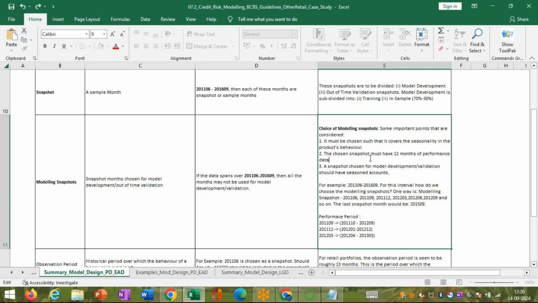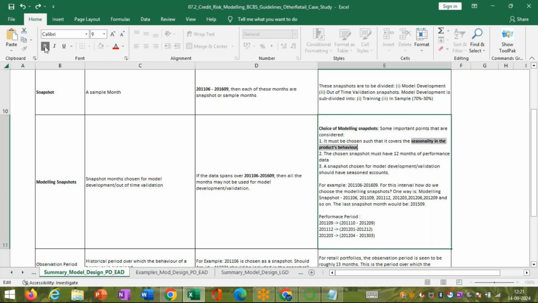Now, this concept of seasonality is somewhat specific to the retail sector, to retail products. What do I mean by seasonality?